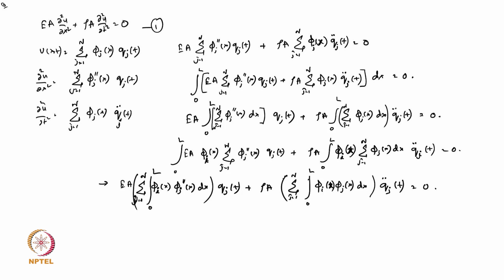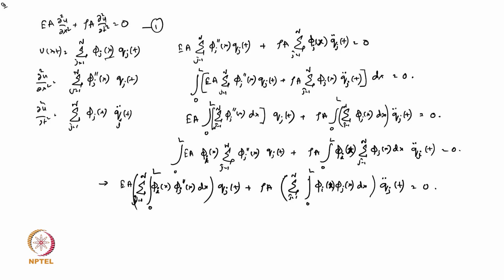Any doubt? Anybody? No doubt. Here we can think, in what form does this become? This is more or less the weighted residual type formulation. You can see we are doing the integration and multiplying with the weight factor.